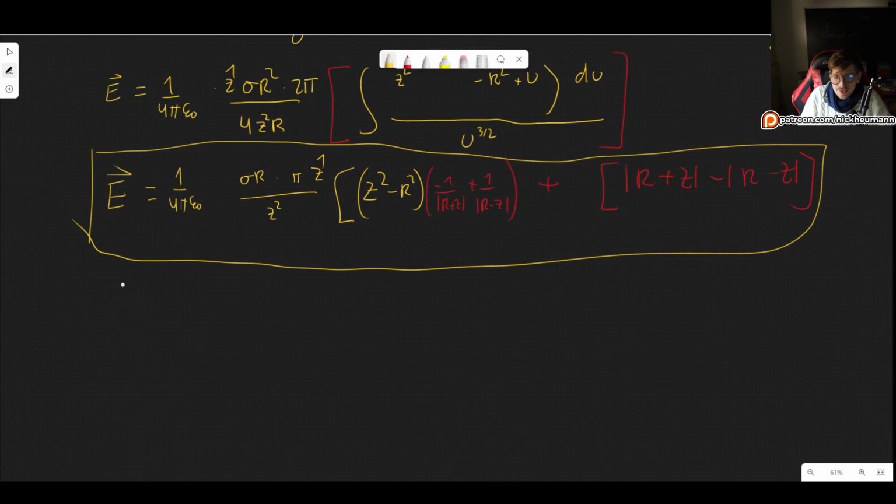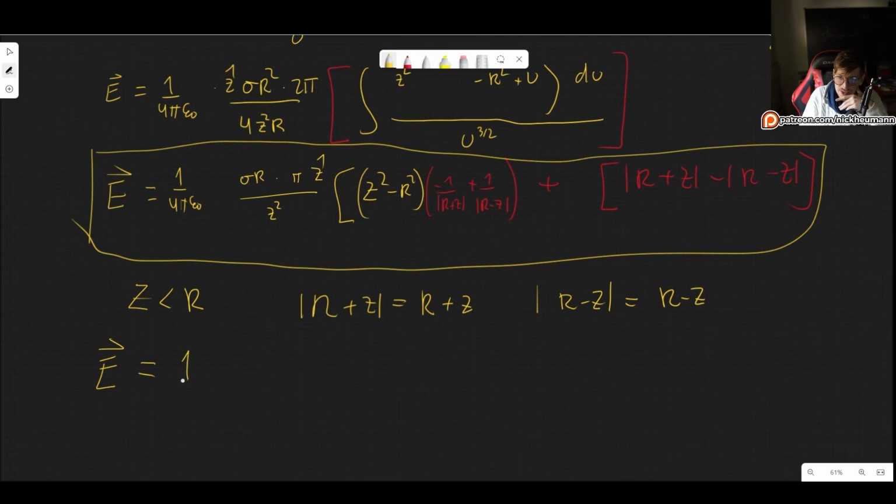Okay, so now in the case where z is smaller than r, we will have that the absolute value of r plus z will be simply r plus z, and the absolute value of r minus z will also simply be r minus z, because z is smaller than r, so there's no worries with negative signs.